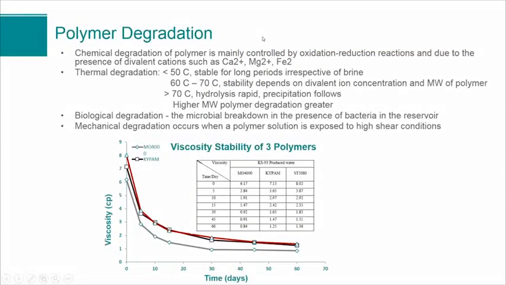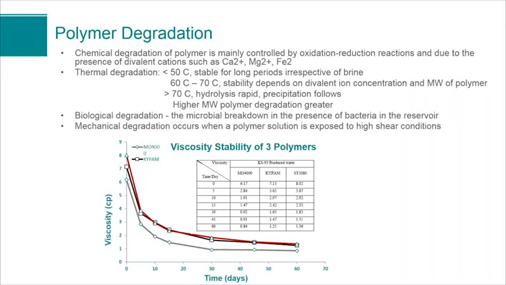Now another phenomenon is the polymer degradation. This one is typically ignored in many simulations, but there are various types of degradation. The chemical degradation of polymer is mainly controlled by oxidation reduction reactions due to the presence of divalent cations such as calcium, magnesium, or iron. There's also thermal degradation.